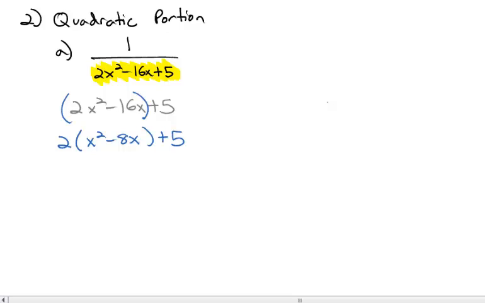We then complete the square by taking the middle term, negative 8, dividing by 2 and squaring it. Half of negative 8 is negative 4. Squared is 16. So we're going to add 16 inside the parentheses and subtract 16 times the front number, 2, from the end.